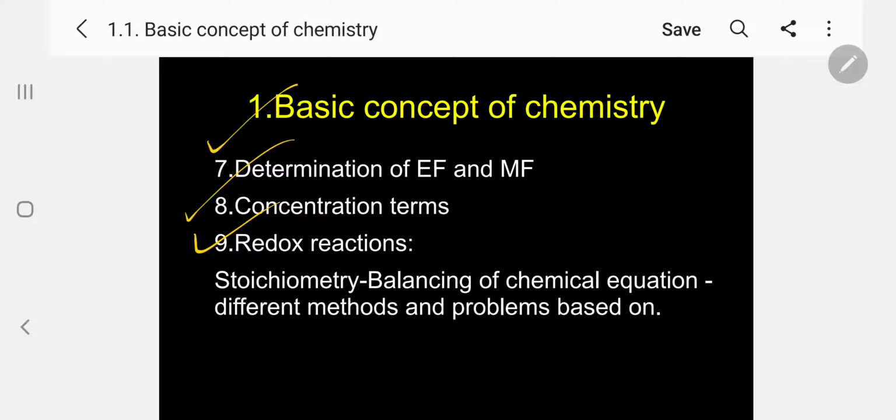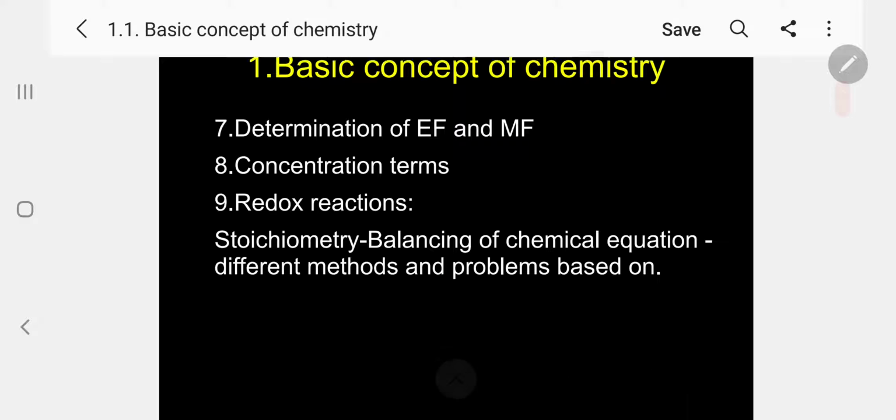So it is more suitable. Kindly follow. Under the redox reaction, we have to study types of reaction, stoichiometry, and balancing of chemical equations. There are 3 methods, and problems based on stoichiometry we have to discuss. Please follow. Before attending this question discussion, you must have an idea about these topics.